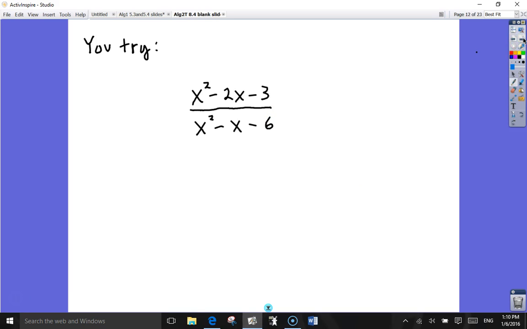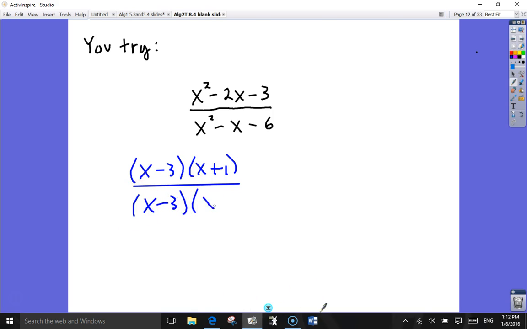Try that one. So how does the numerator factor? X minus 3 times x plus 1. How about the denominator? X minus 3 times x plus 2.